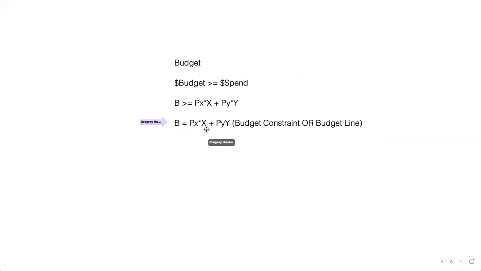And what you might also notice at this point is that this boundary equation has the same form as a general linear equation. You might remember a general linear equation looks like this: ax plus by is equal to c.